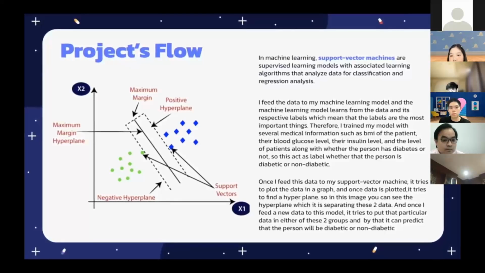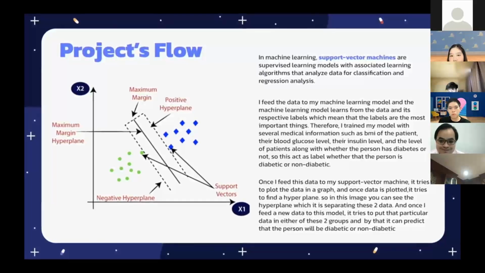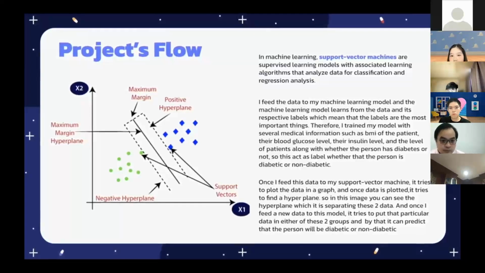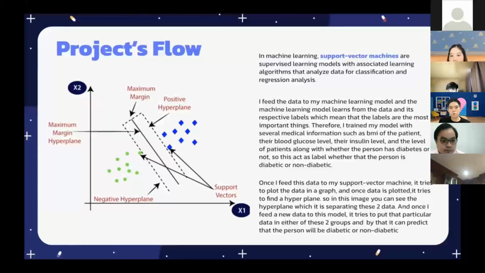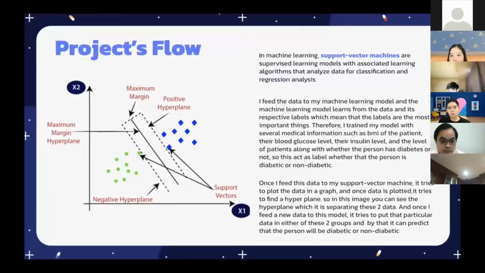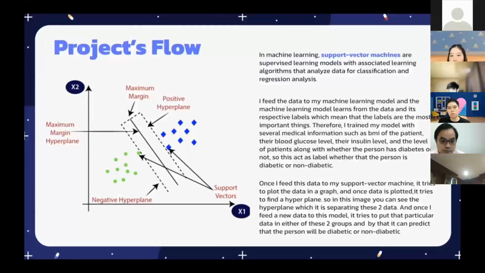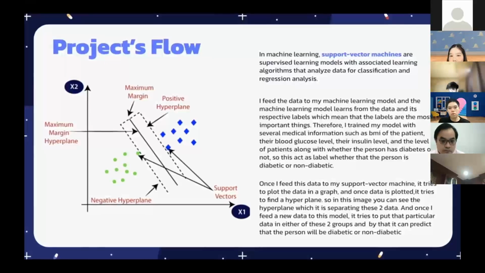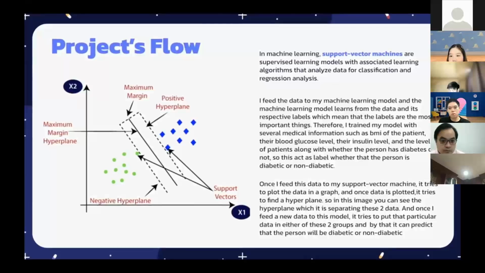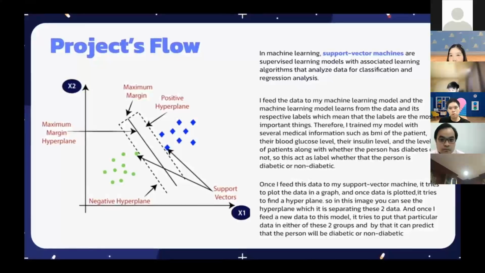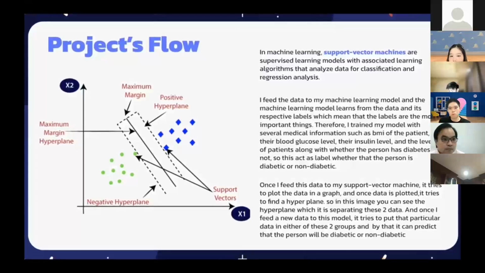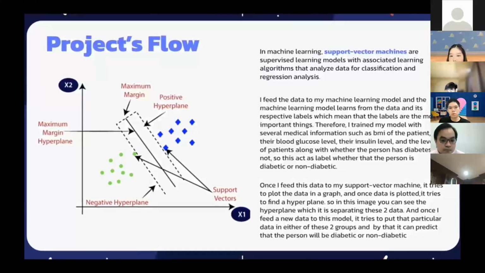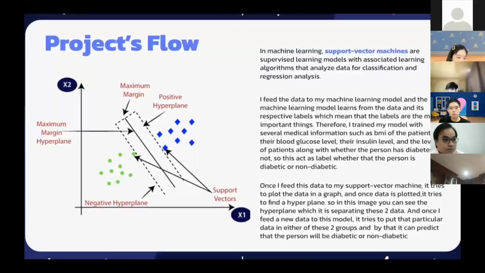I feed the data to my machine learning model, and the model learns from the data and its respective label, which means that the labels are the most important things. Therefore, I train my model with several medical information such as the BMI of the patient, the blood glucose level, the insulin level, and the age of the patient, along with whether the person has diabetes or not. So this acts as the label whether the person is diabetic or non-diabetic.